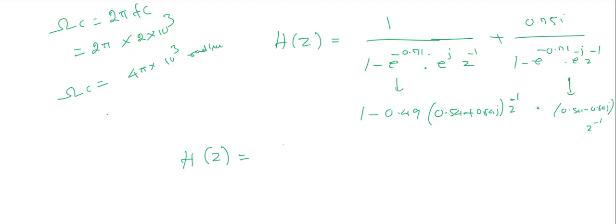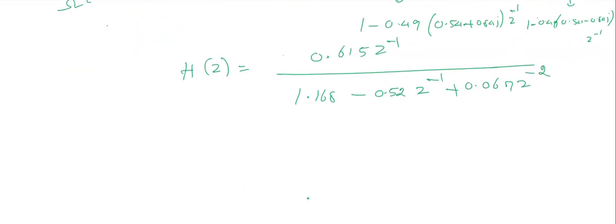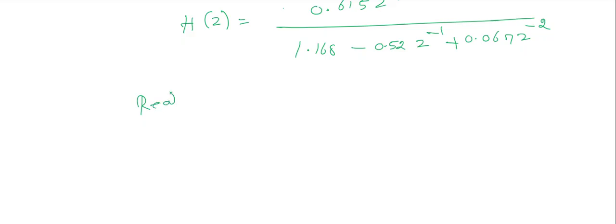So finally you check, H(z) is equal to 0.615 z inverse divided by 1.168 minus 0.52 z inverse plus 0.067 z to the power of minus 2. So then you can realize the system. Then the final step will be a realization of the IIR filter.